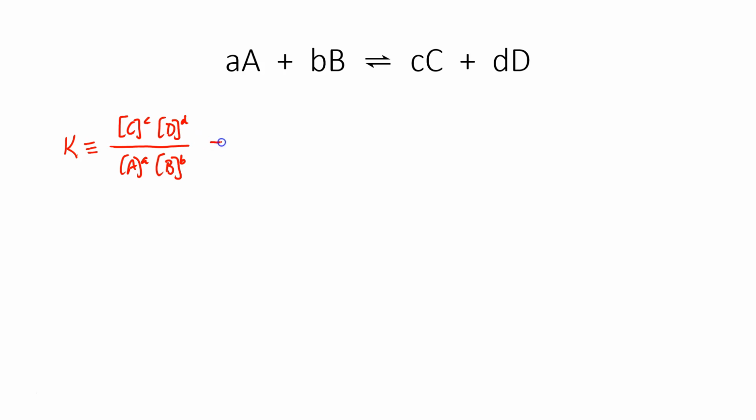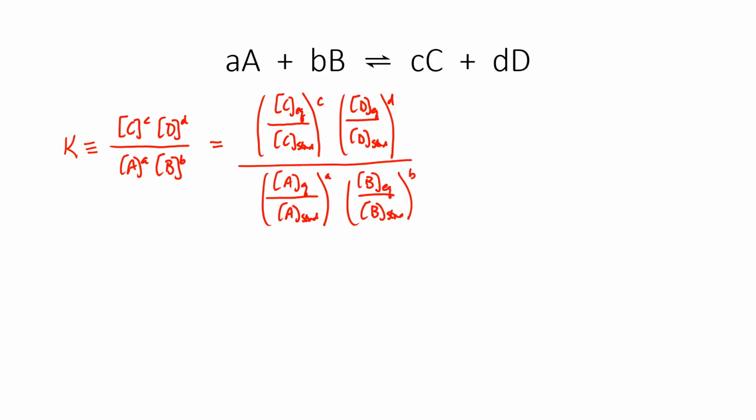But actually, what we have here in the numerator and denominator, instead of just the concentration of C, it's really a ratio. It's the concentration of C at equilibrium over the concentration of C at its standard conditions, and that's all raised to the power of c, and we would write the same thing for all of the other solutes.